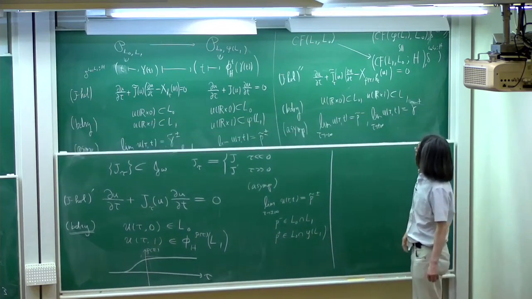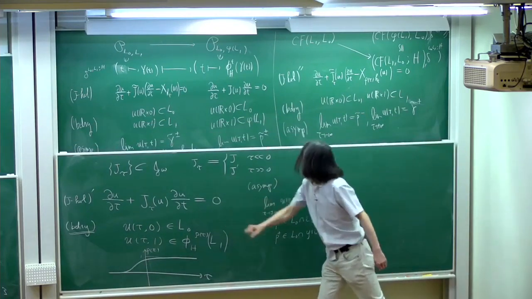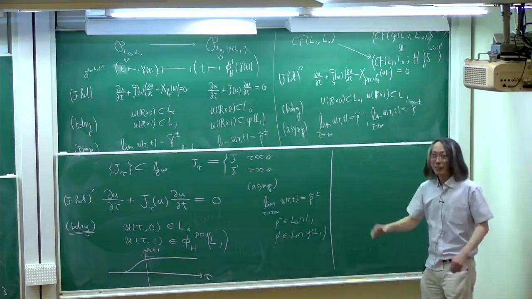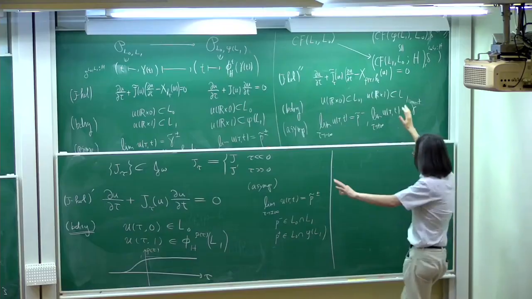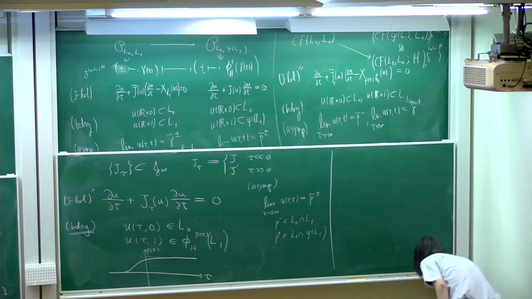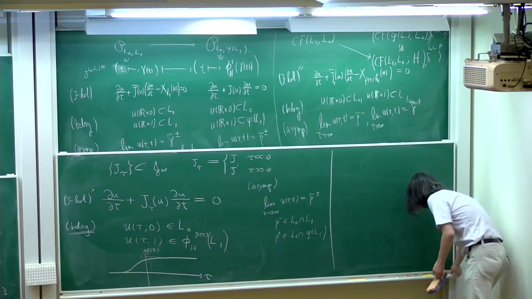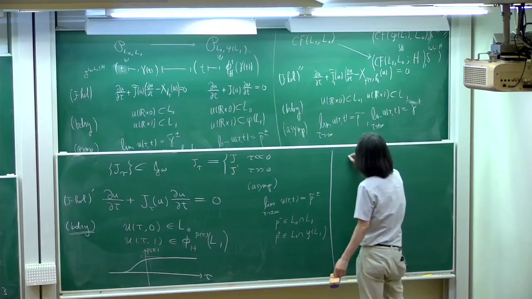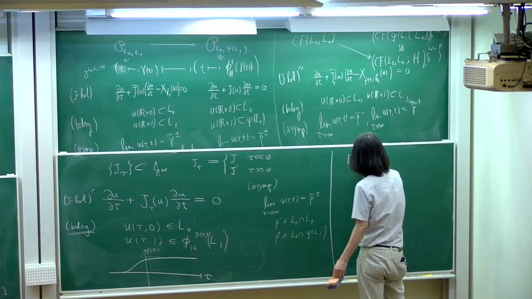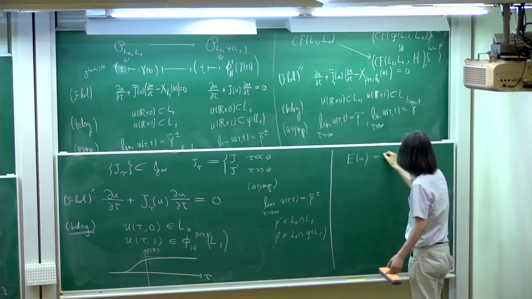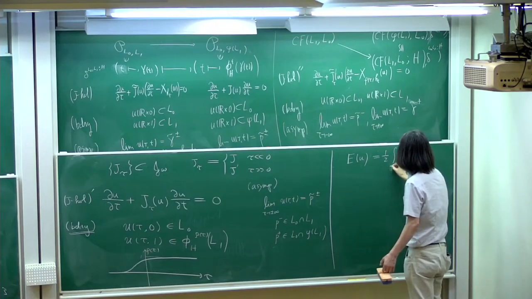But the solutions of this equation and the solutions of this equation do not exactly correspond. So it is a somewhat different way to look at it, but anyway, these two do. Okay, so in this case, we can also consider this energy, this side and that side, maybe also defined in this way.